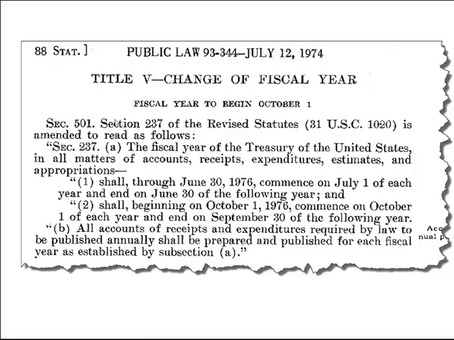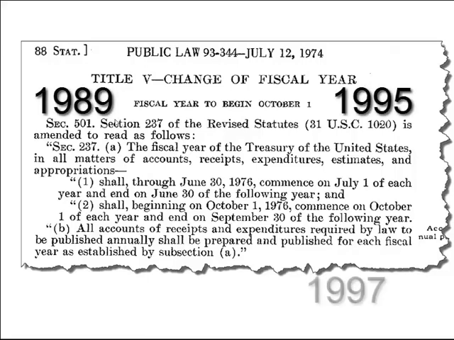Since 1977, however, there have been only 3 years in which all of the regular appropriations bills were enacted before the beginning of the fiscal year: fiscal year 1989, 1995, and 1997.